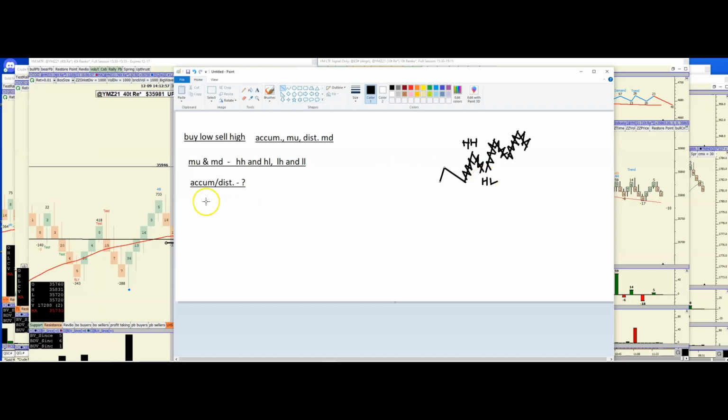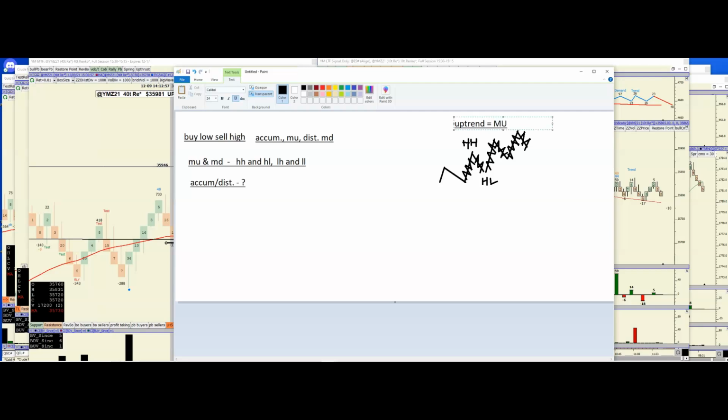Now I'm saying, well, if you got your trend and this higher high, higher low uptrend is nothing more than the markup phase, right? Markup phase. Then what is accumulation and distribution? What is it? What is the chief characteristic of accumulation and distribution?